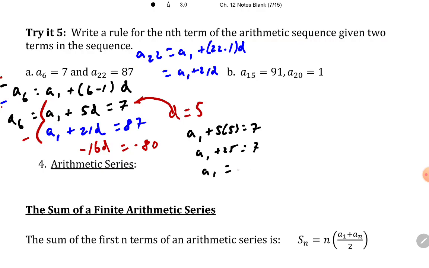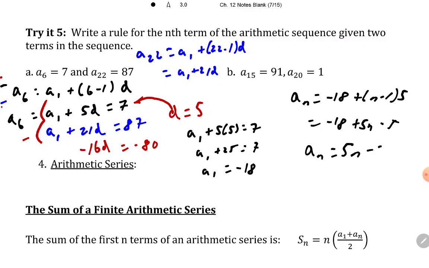So a sub 1 is negative 18. Okay, so now we can write our formula. A sub n equals negative 18 plus n minus 1 times 5. Negative 18 plus 5n minus 5. So my rule is 5n minus 23.